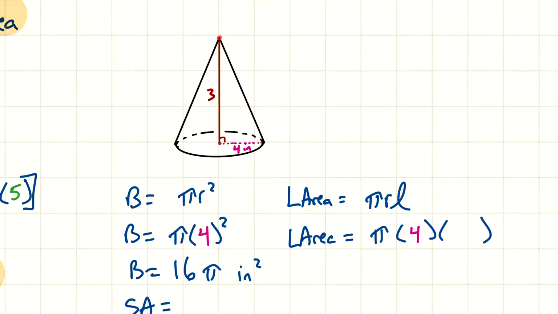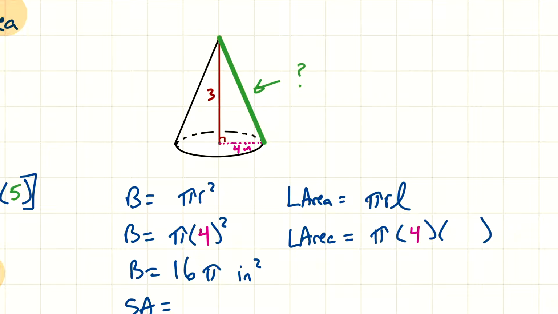So this is where it becomes important for you to know what you're solving for and to know all the parts of these shapes. So 3 happens to be the height of the cone. It is not the slant height. So be careful there. In this case, h equals 3. We want to know what the slant height is, which happens to be on the side. So we want this measurement.